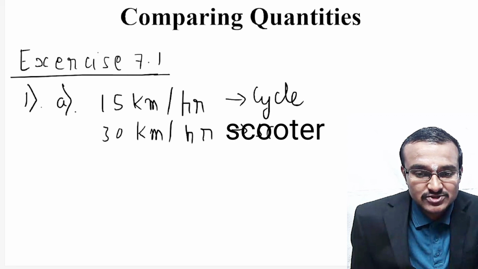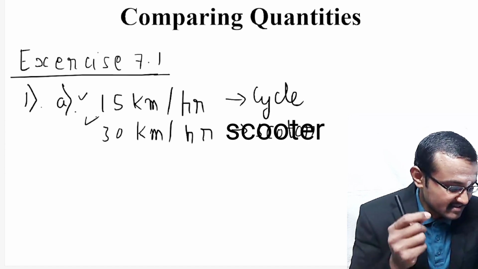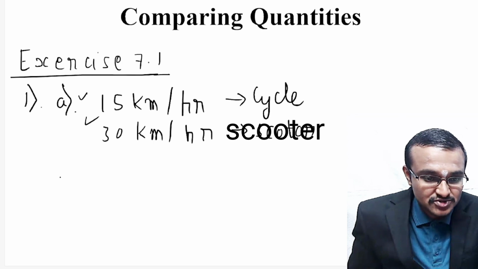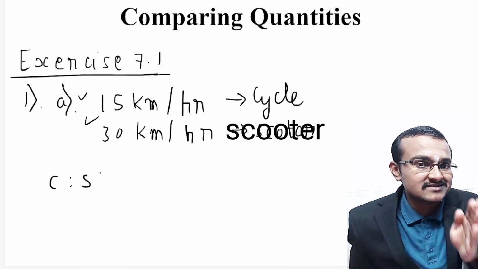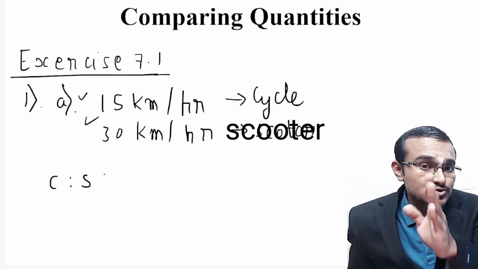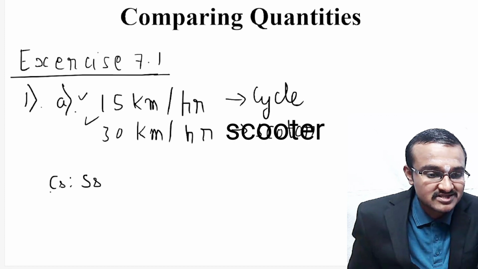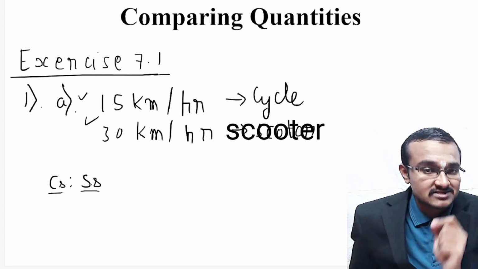So here they are asking us to compare the speed of the cycle and the scooter. So you should compare the cycle speed to the speed of the scooter. That is CS is to SS. I'll write CS and SS, where CS represents cycle speed and SS represents scooter speed.